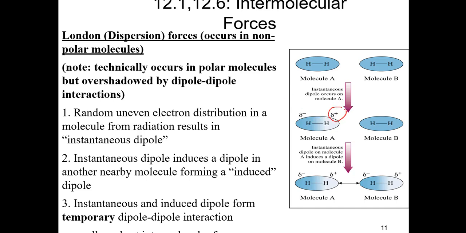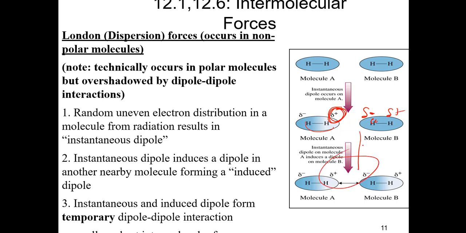The partial positive, for example, on this hydrogen molecule is going to go ahead and influence the molecule to the right, and if this is partial positive, it'll cause the other molecule to be partial negative. So that partial positive will cause the electrons inside to bunch up to one side, and then the other hydrogen will be a partial positive.